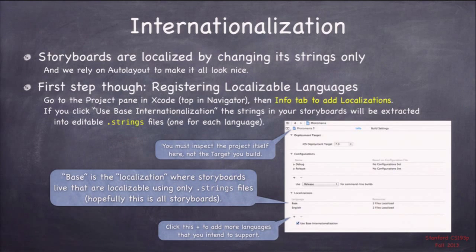And you can also see that there's a language there called base, right? And there's a switch that says use base internationalization. The concept of base internationalization is that there's going to be a localization that is not in anybody's language. It's just the base localization. And that's going to be like all the defaults. The default storyboard strings, default strings throughout your app are going to come out of the base localization.